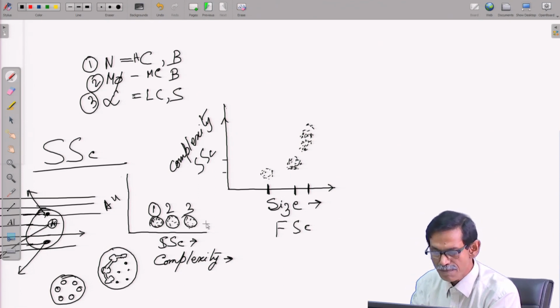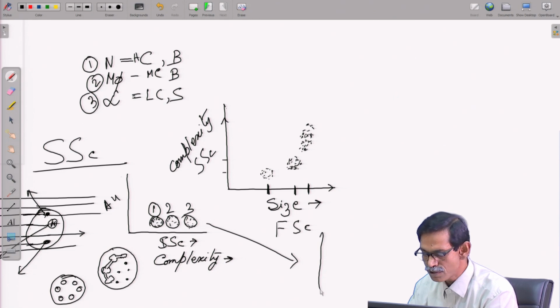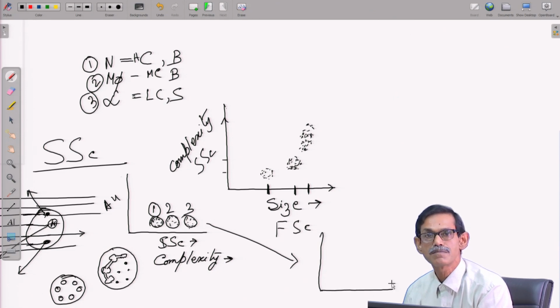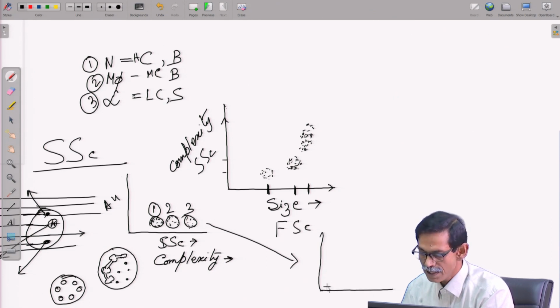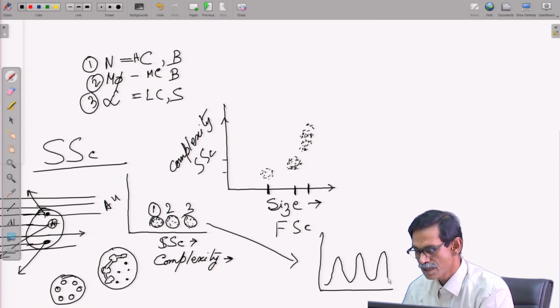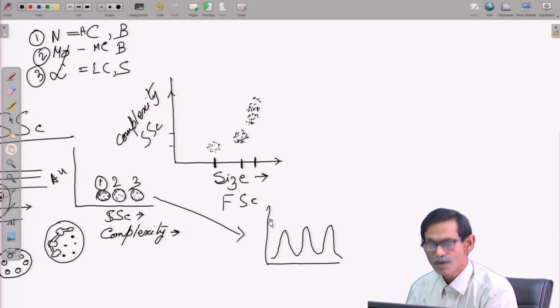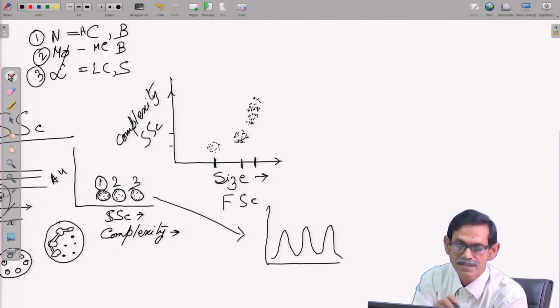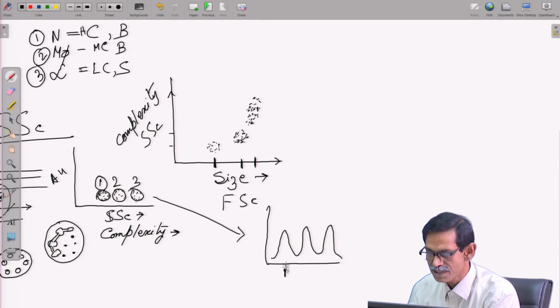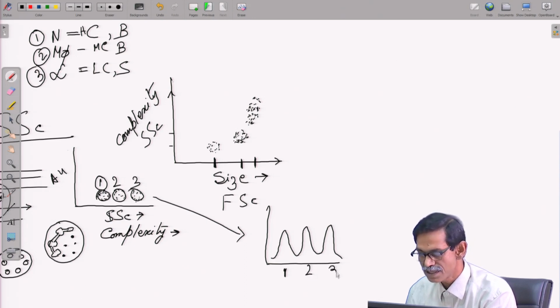Okay. So, now the same plot we can also ask the machine to make as a histogram. How will it come? It will come like that. The area is going to tell you what these peaks are. So, this is again the same thing, this is 1, that means this population is lymphocyte, this is macrophage and this is neutrophil.